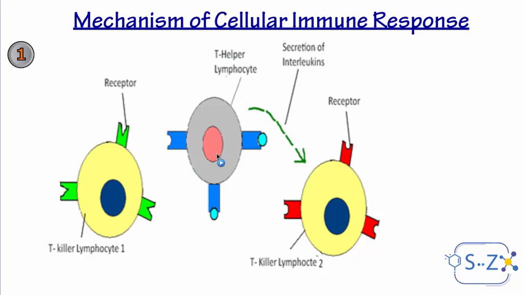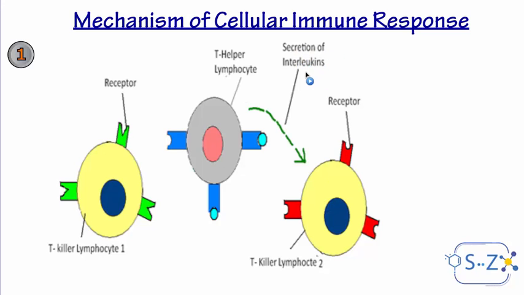So here, for example, this is an example. We have two killer lymphocytes, 1 and 2. The difference between them is their receptor. Notice the shape of the receptor on their surface. The T helper lymphocyte has to decide which T killer lymphocyte it will activate, and when it finds the T killer lymphocyte specific for the antigen, it activates it using interleukin.